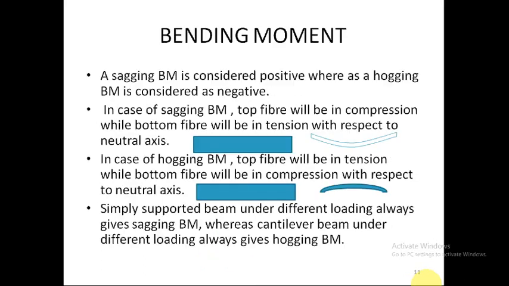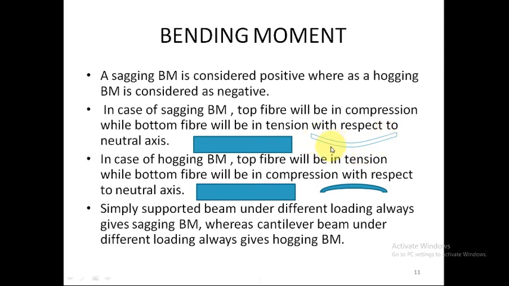Also the bending moment. For bending moment, the sagging bending moment is considered positive, whereas hogging bending moment is considered negative. One more thing I would like to clarify here: in case of sagging bending moment, the top fibers will be in compression and the bottom fibers will be in tension, with respect to the neutral axis.